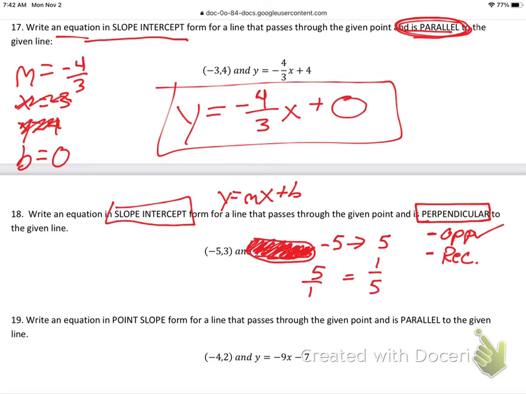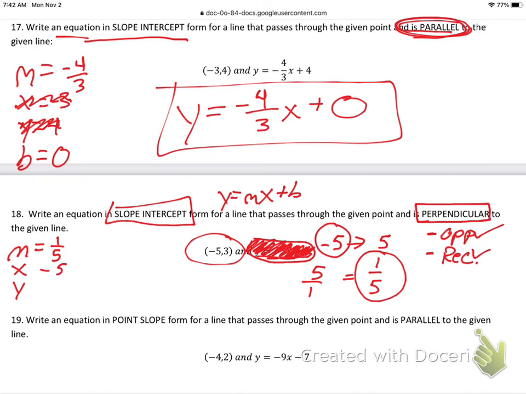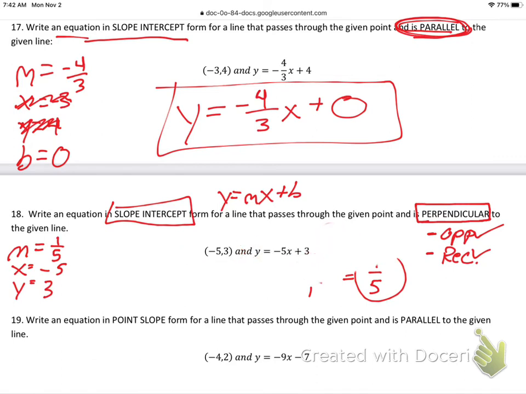So I had -5. The opposite reciprocal of that is a positive 1/5. So my m is going to be a positive 1/5. I have this point right here, so I have an x and a y. My x is -5. My y is 3. Just like we did before.